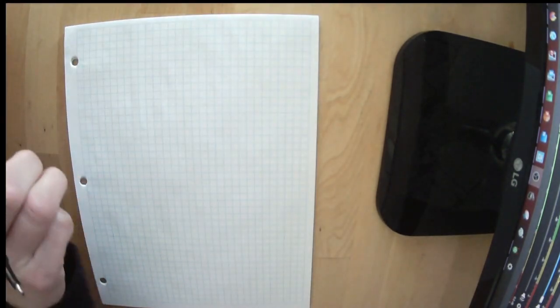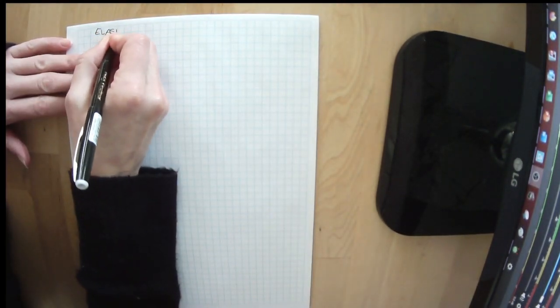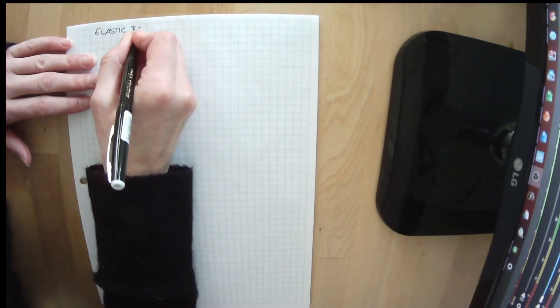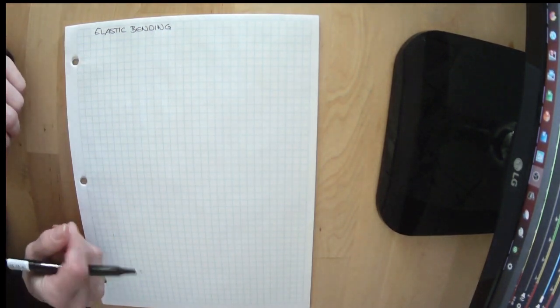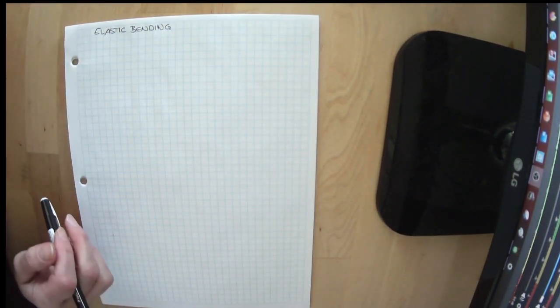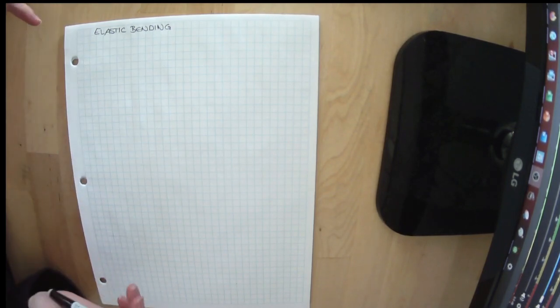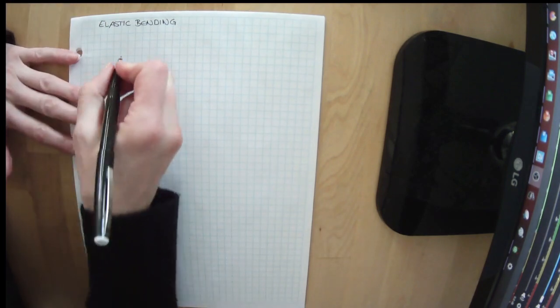So let's label this derivation elastic bending. So this means we're talking about anything with an elastic zone. So that's basically all the materials. Everything we're going to talk about has an elastic zone here.